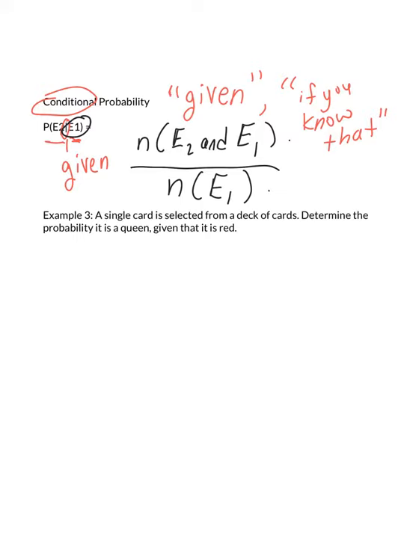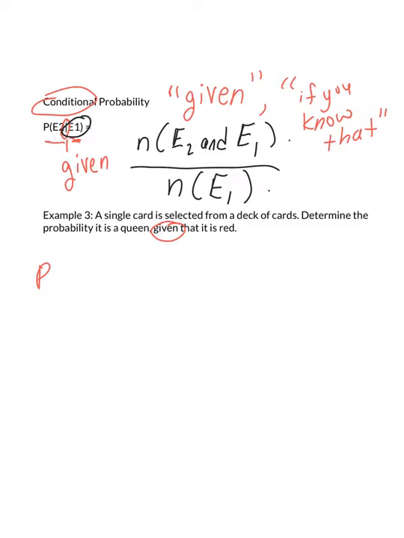So let me show you how I would figure out the correct answer without really having to use this formula, looking at example 3. Example 3 says a single card is selected from a deck of cards. Determine the probability it is a queen given that it is red. So there's our key word, "given," that tells me this is conditional probability.